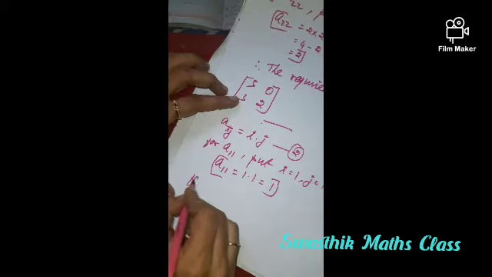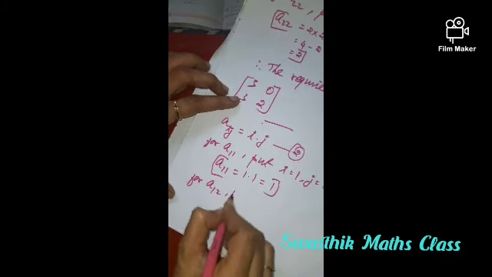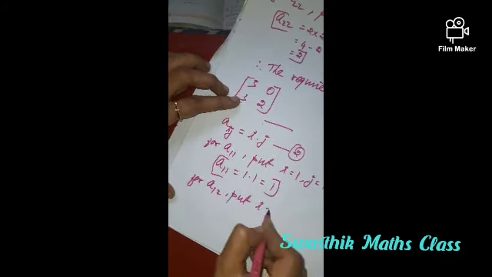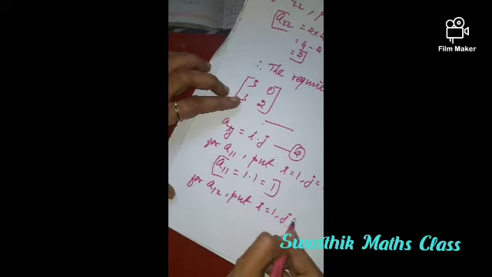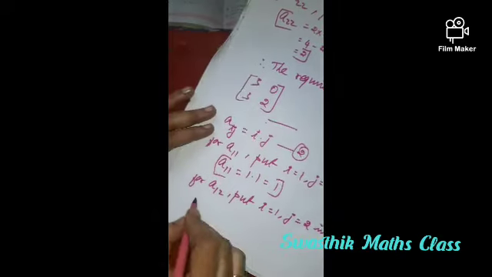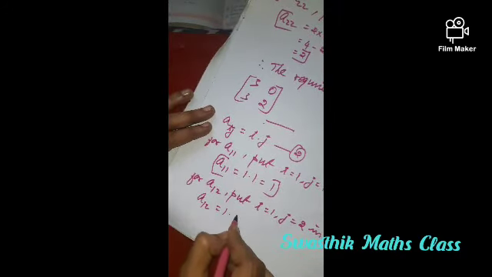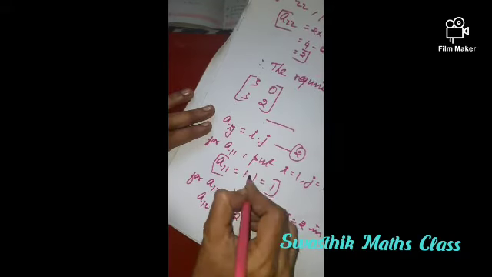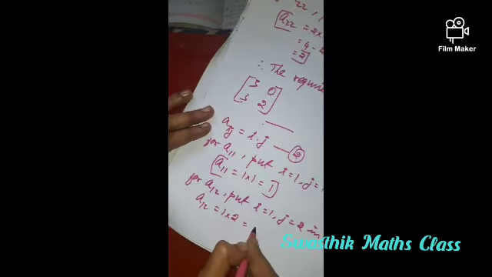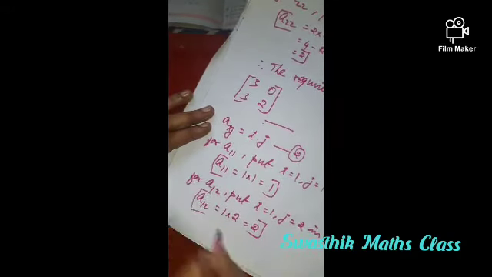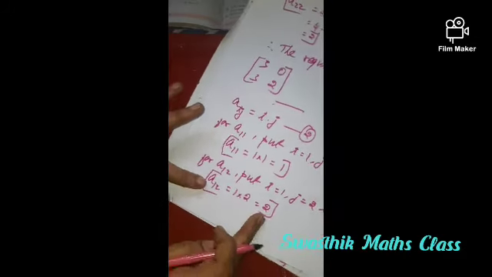To get A12, put i is equal to 1 and j is equal to 2 in this equation 2. So we get A12 is equal to 1 into 2. So this is equal to 2. So now A12 entry is 2.